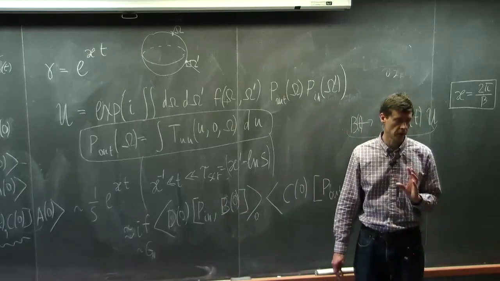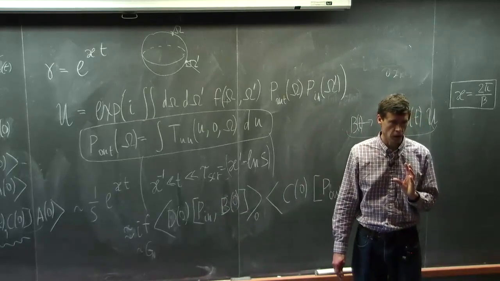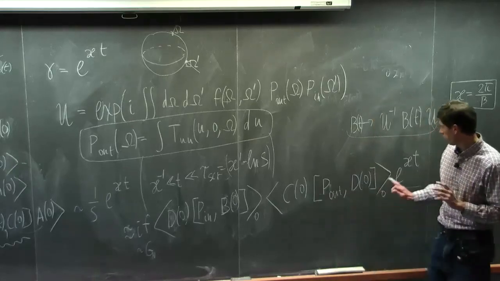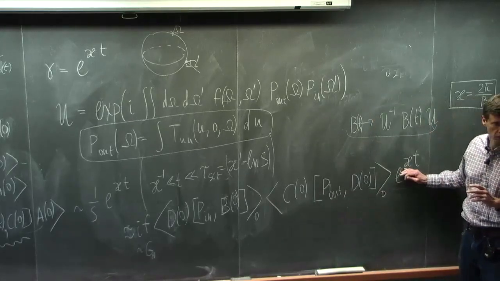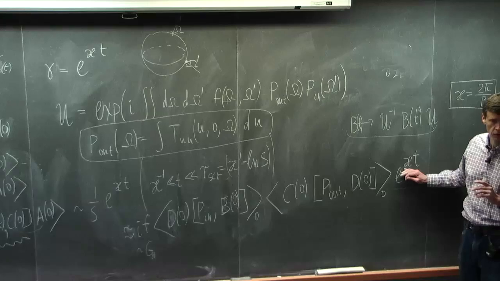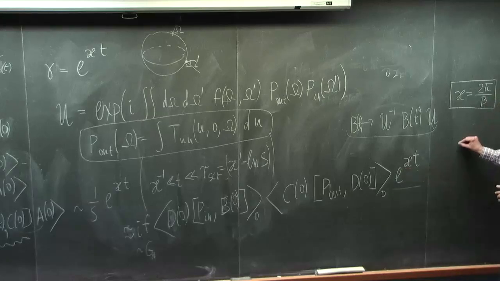When P commutes with the density matrix and also grows exponentially in t, this means that the growth exponent is quantized.